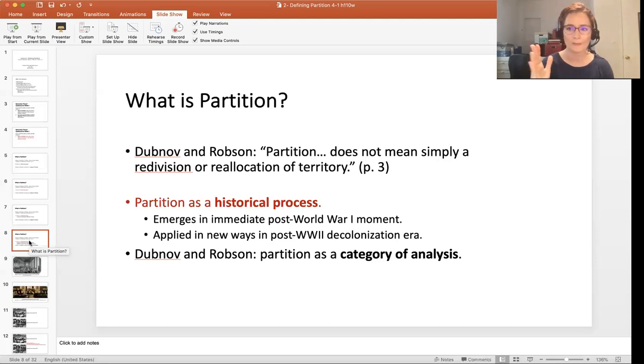So partition happens in many cases across the first half of the 20th century, but we see two moments of partition, right? This post-World War I moment when it's done in the name of national self-determination, and then the decolonization moment of the late 1940s and 1950s.